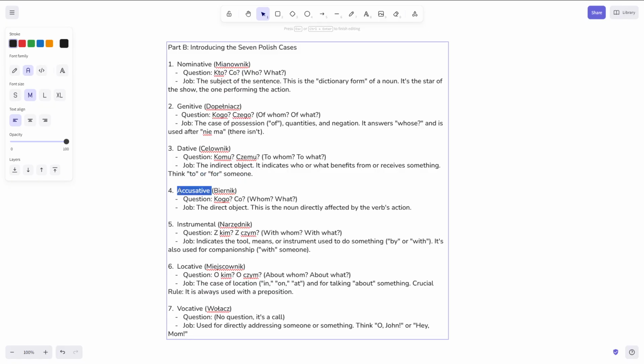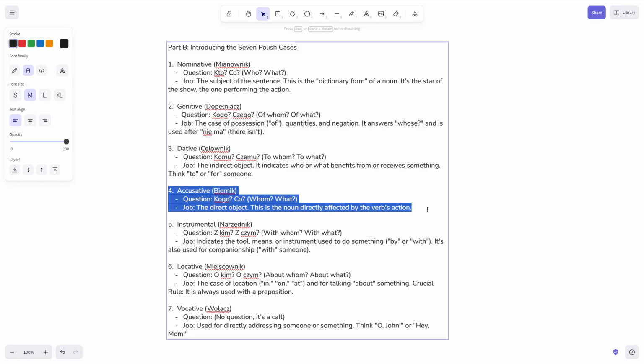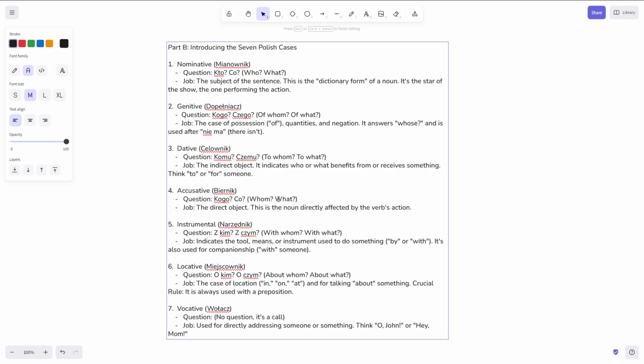Okay. Then we have accusative or biernik. This answers whom or what. And now, the super important thing about this case is that it might be the toughest one, I'm not sure actually for a native English speaker, because, as you can see, boom, what is there?